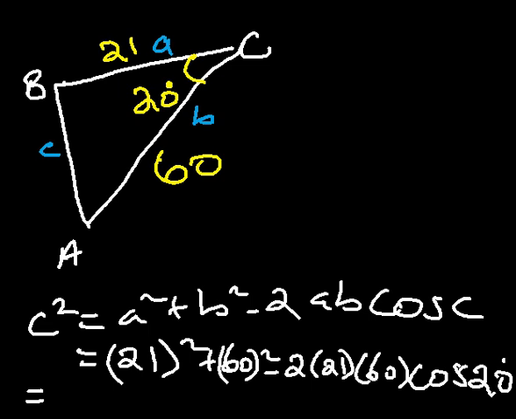That is given as 441. Plus, how about 60 to the power 2? We have 3600. Then minus, now what is 21 times 60, and times 2?